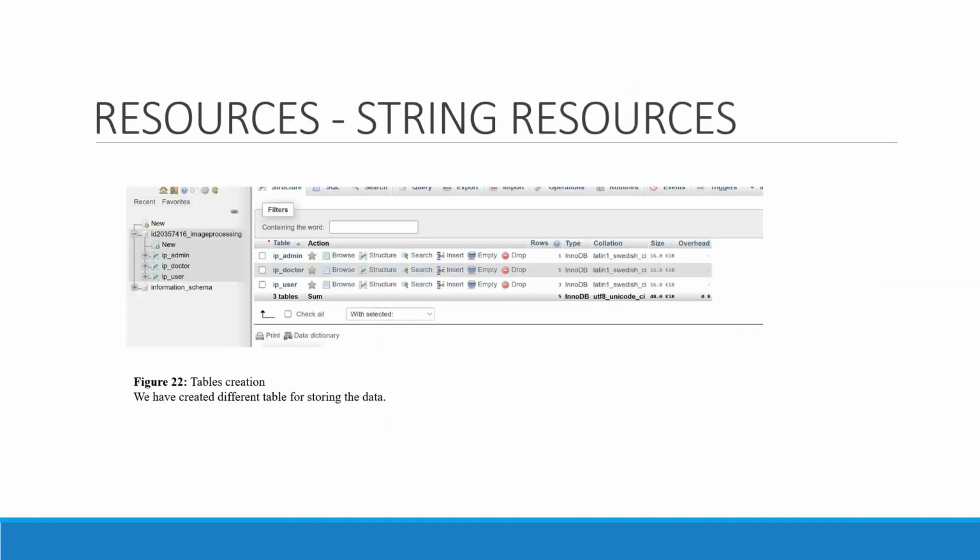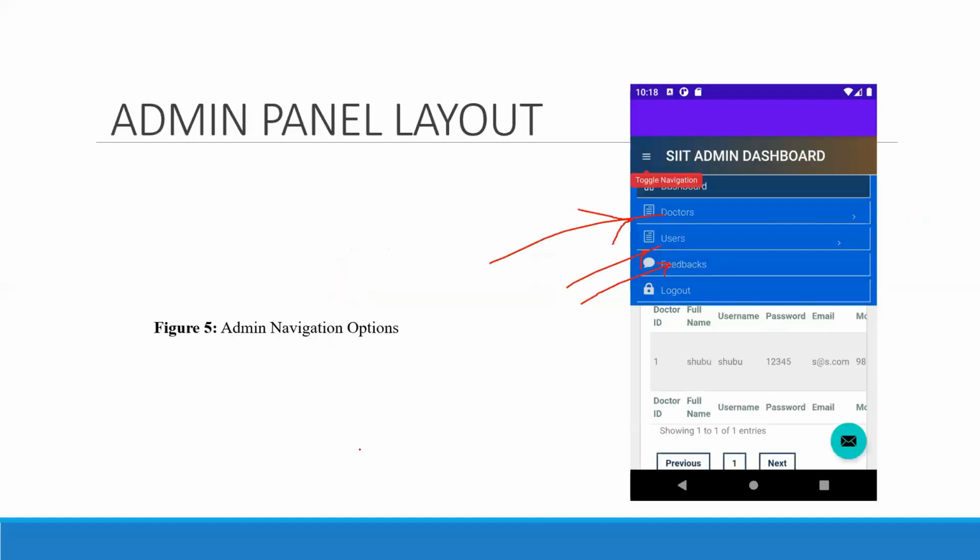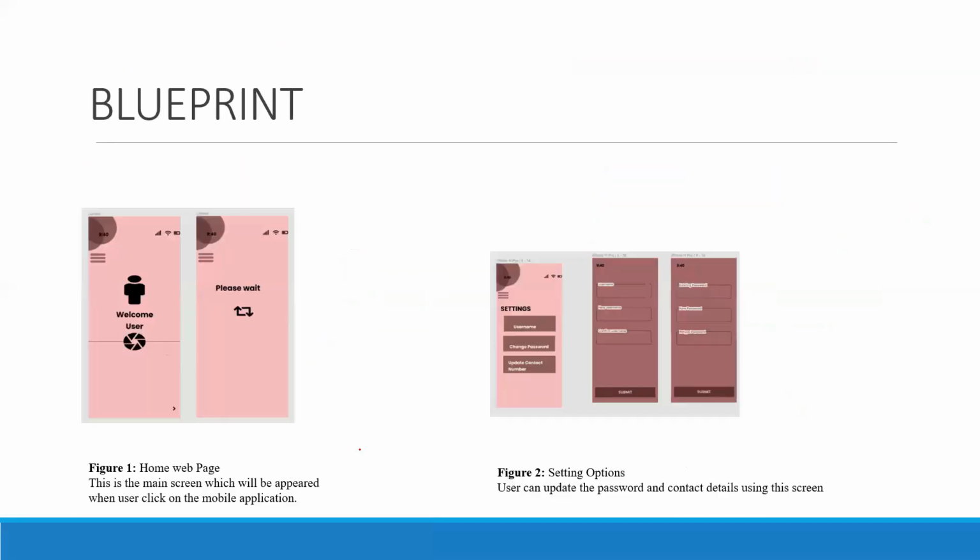The important point is that this application actually needs around 7 to 8 tables. These are the most important primary stakeholders: admin, doctor, and the third one is the user. Admin means the admin credentials. Doctor means the whole detail of the doctor. User means user details. The fourth table is needed for my product partner.